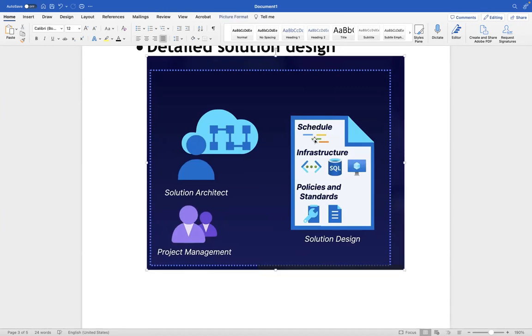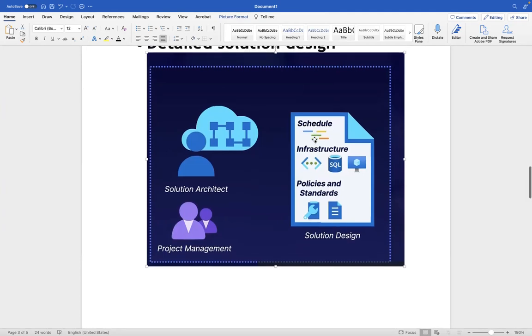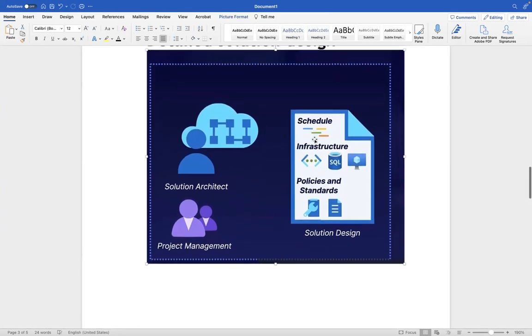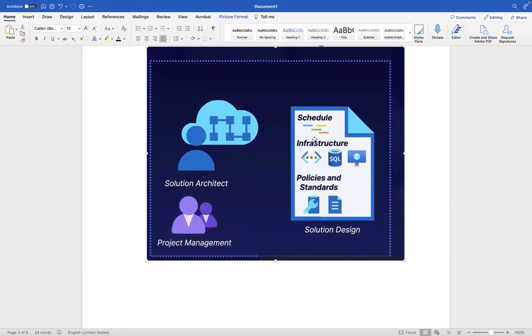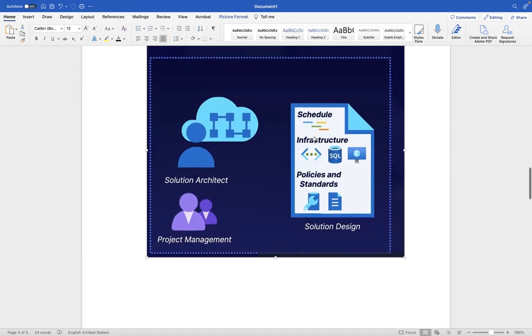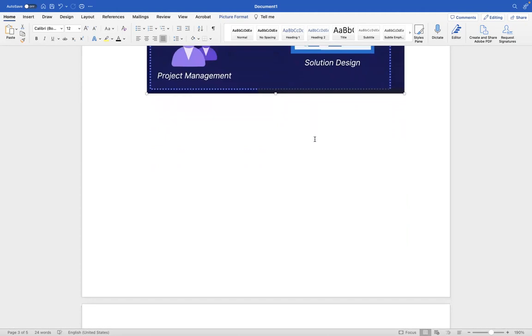Now you've got that detailed understanding of the requirements, you could brainstorm and put together a solution design.